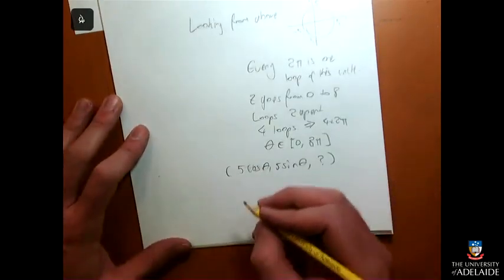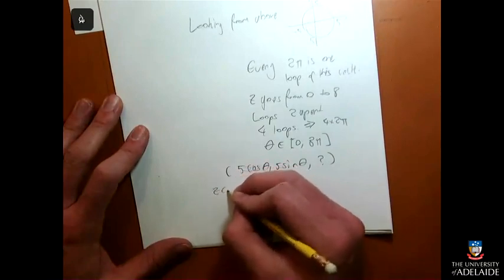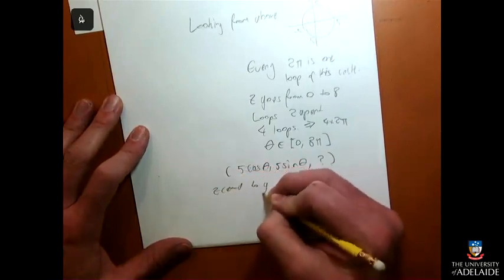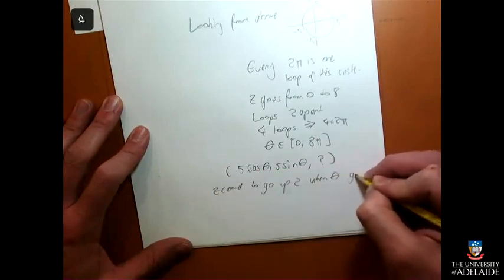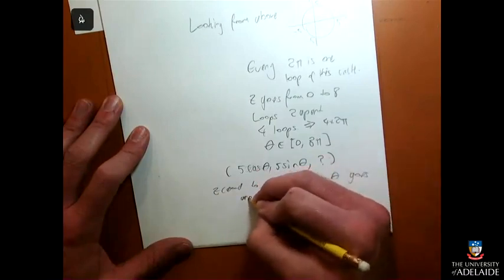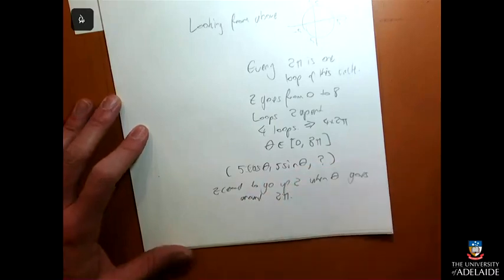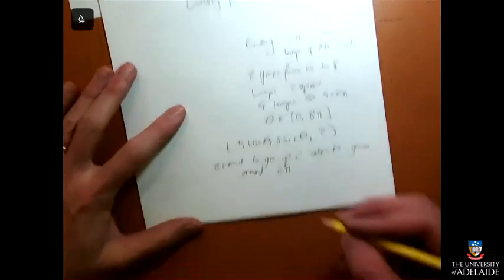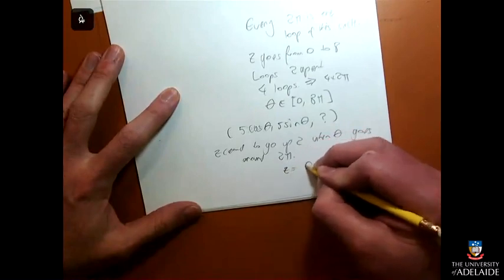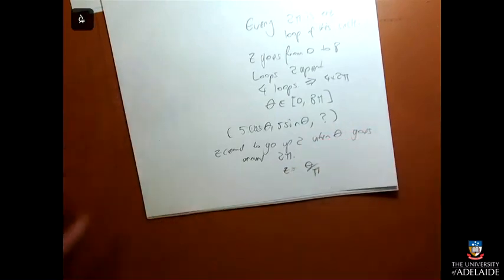So I need the z coordinate to go up 2 when theta goes around 2 pi. So if I do theta divided by pi, that would work. So if the z was equal to theta over pi, that would work.